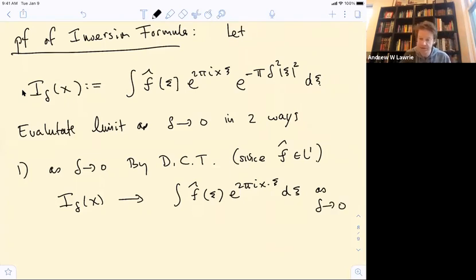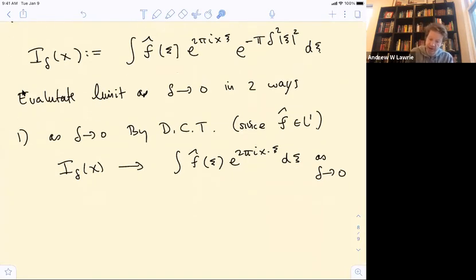That's right, because I have pointwise convergence of the integrand. The only delta dependence is here, and as I let delta go to 0 for each fixed c, this thing tends to 1, because I get e to the minus 0, which is just 1. So I use the dominated convergence theorem and the pointwise convergence of this thing to 1 to deduce that I recover this integral.